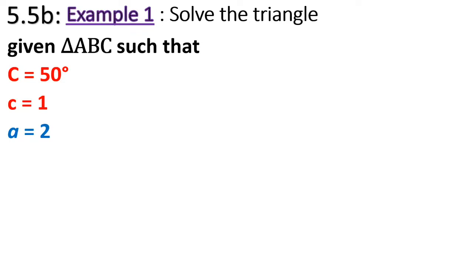Example 1. We will use the law of sines because we are given a side and its corresponding angle. Using the law of sines to find angle A, we will set up a fraction with the sine of the known angle over the known corresponding side.